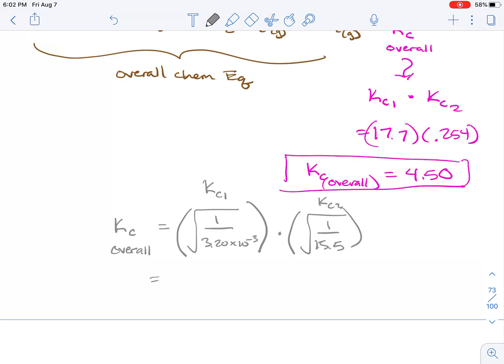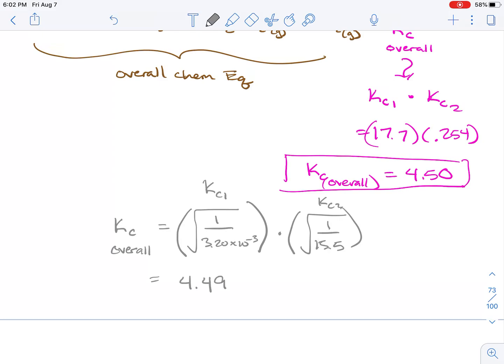I'm going to plug that in because I think that's going to give us a slightly different answer, due to the rounding. Oh no, it looks like I still got nearly the same answer. It's going to be 4.49.